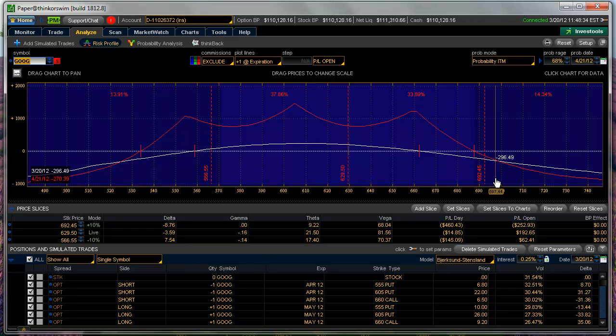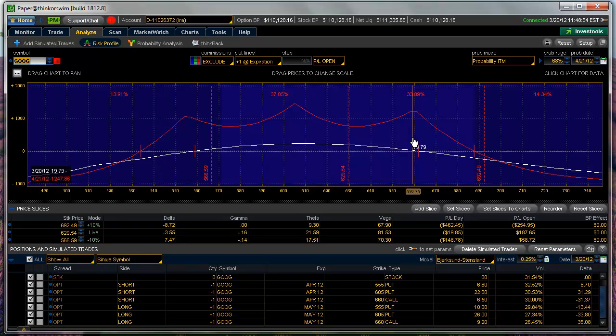So normally the price should fall within here between now and the 21st, which is expiration, and actually I think the 20th is Google's earnings. So we definitely want to be out of it by then.